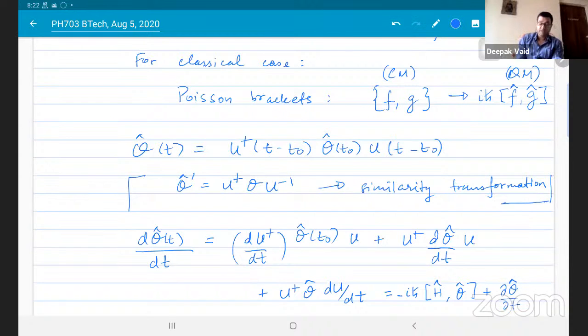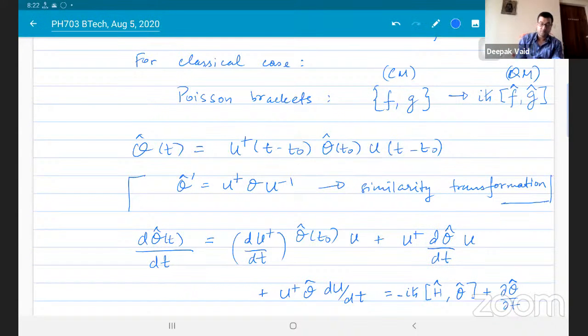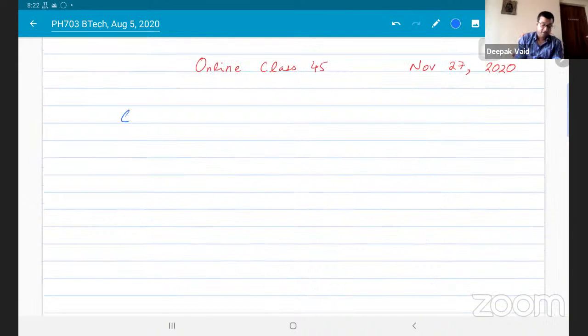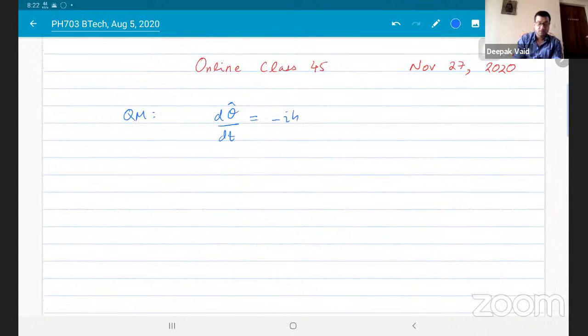In the event that O has some explicit time dependence, this middle term is non-zero. So what we have in quantum mechanics is this Heisenberg equation of motion, which tells us how operators evolve in time. And I hope I've gotten my sign right in the evolution equation.